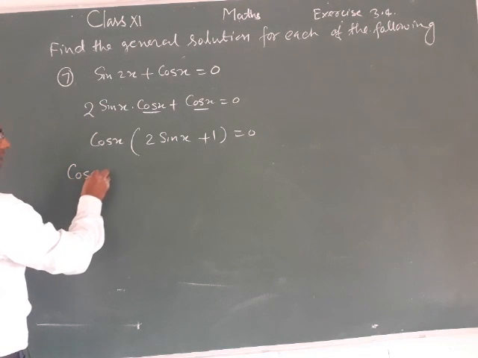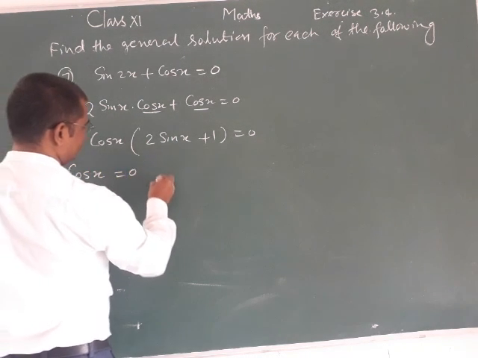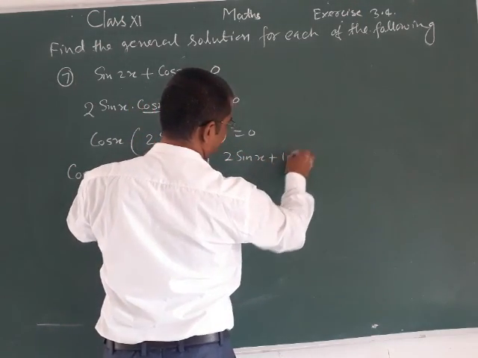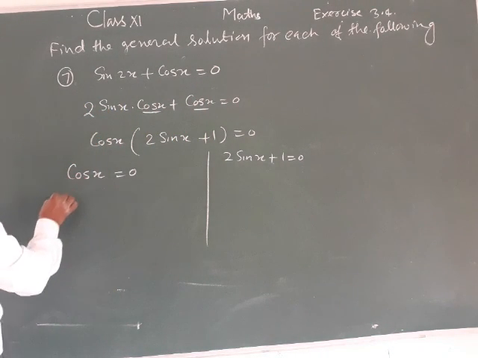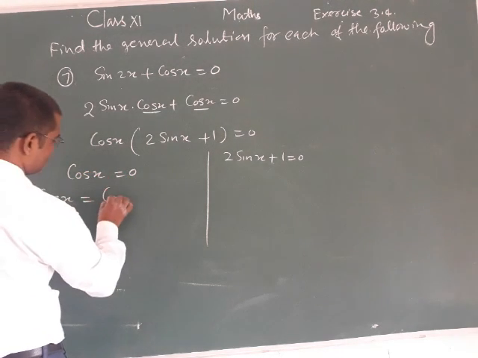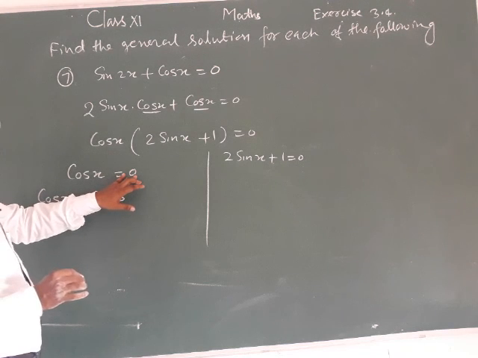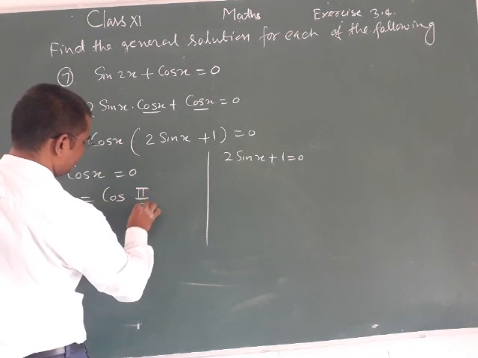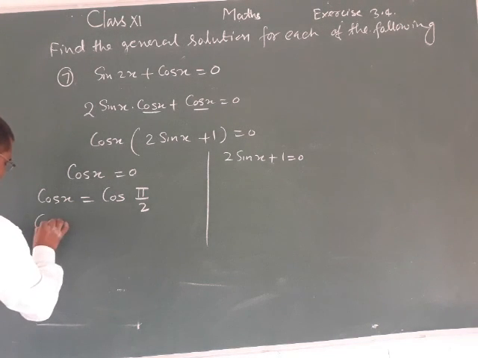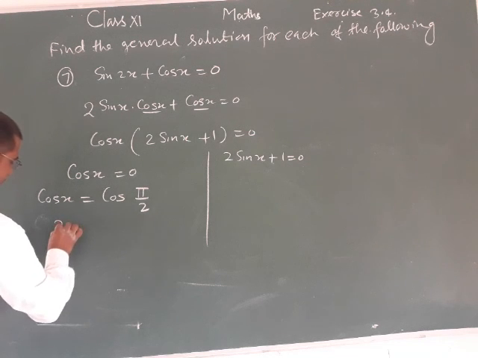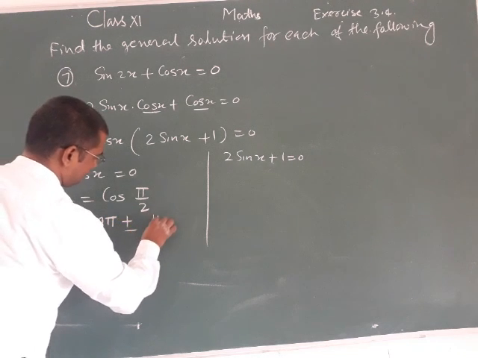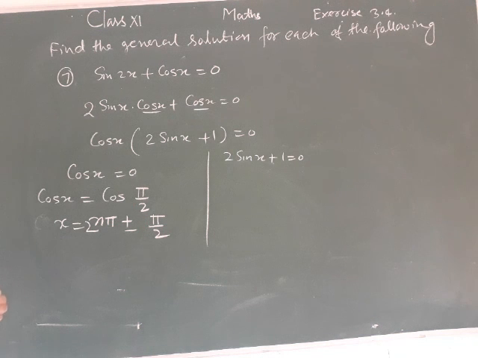So cos x is equal to 0 and also 2 sin x plus 1 is equal to 0. cos x is equal to 0, so cos 90, pi by 2. So the general solution of cos x is equal to 2n pi plus minus pi by 2.